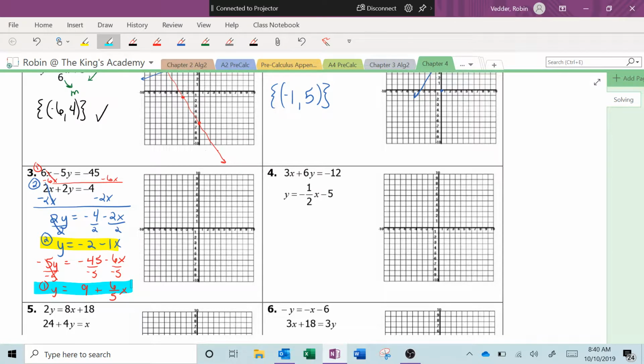We can't do the back page yet, but we can do the front page. Does anyone need extra help during this time? Struggling with graphing or?